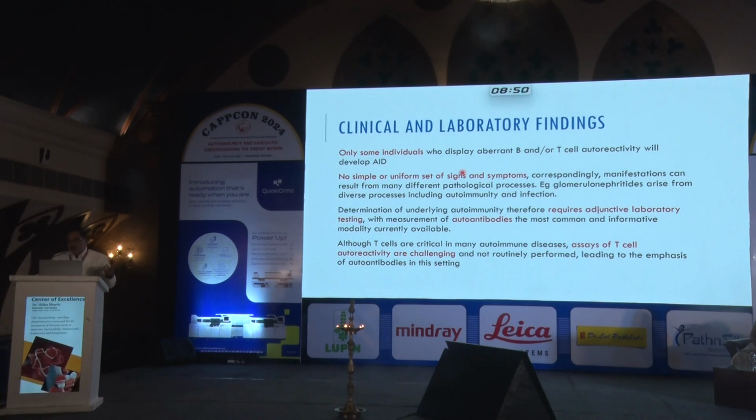For B-cell autoimmunity, the autoantibodies can be demonstrated very easily, and that is the tool we have right now, because demonstrating T-cell autoreactivity is very difficult. It requires a lot of sophisticated technology. So demonstration of autoantibodies is what we laboratory personnel now rely on to diagnose autoimmunity.